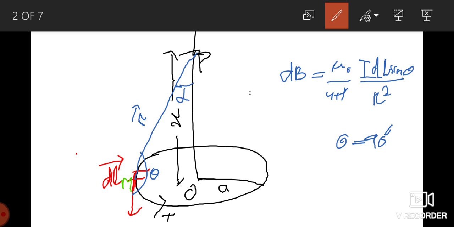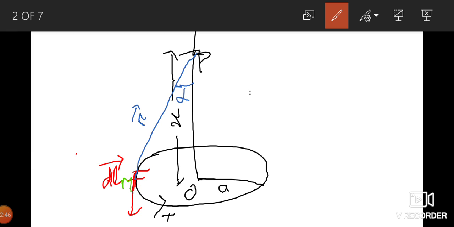According to the law, dB equals mu 0 by 4 pi into I dl sin theta by r square. As theta is 90, sin 90 is 1. So dB will be mu 0 by 4 pi, I dl by r square, and the direction of dB will be along PQ.